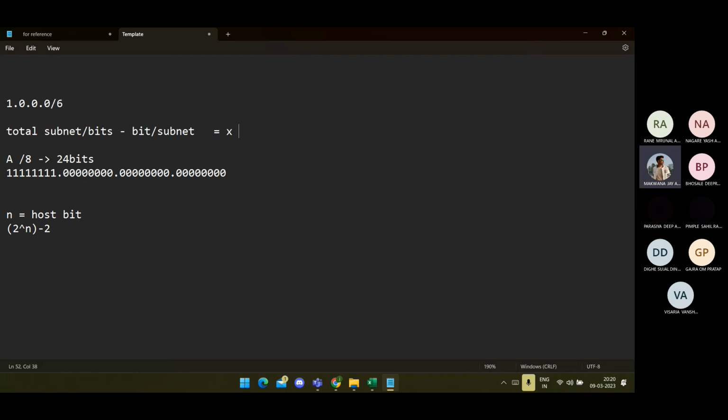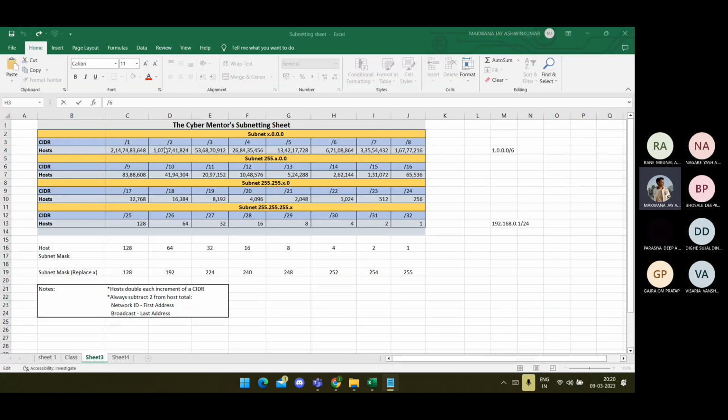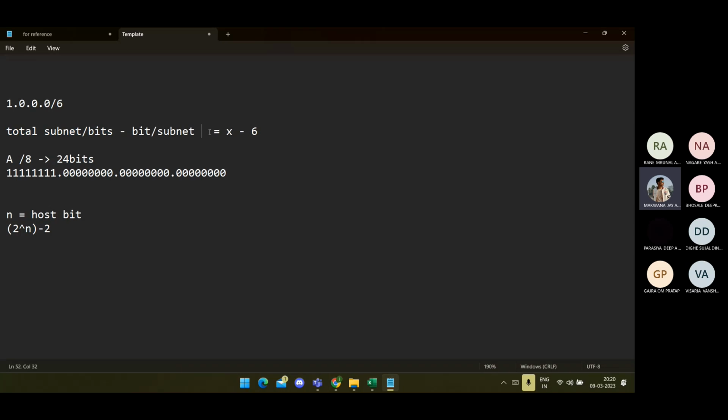Let's consider the host bits as X, minus the subnet that is already given, which is 6. We have to subtract it from the total, which is /32. So what is 32 minus 6? It is 26.